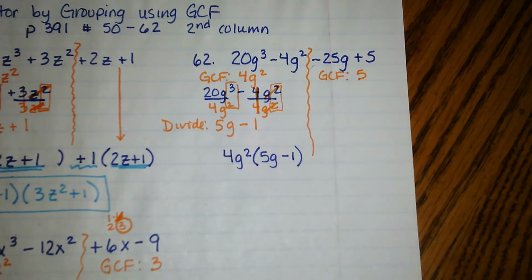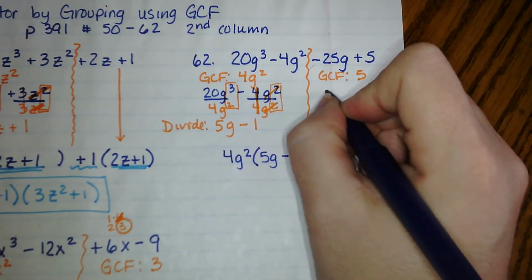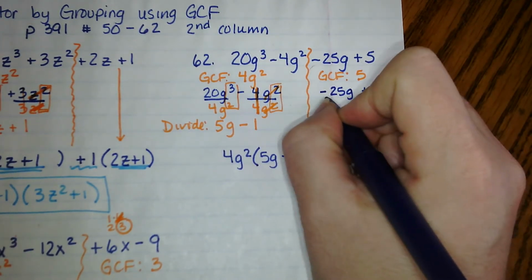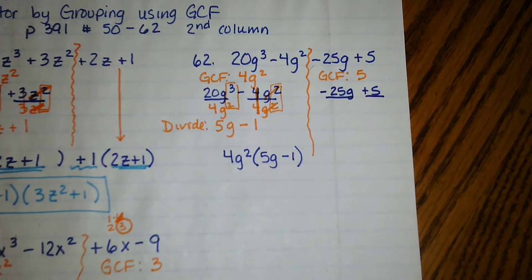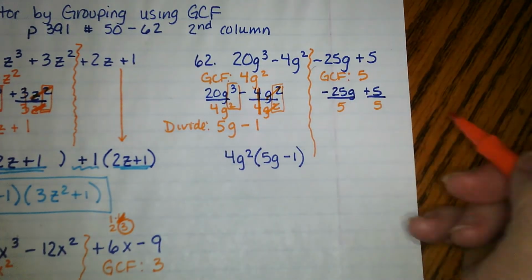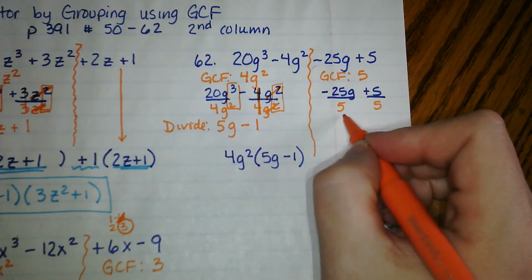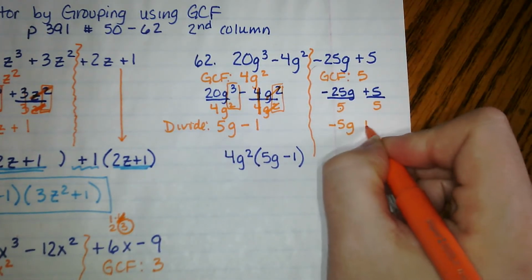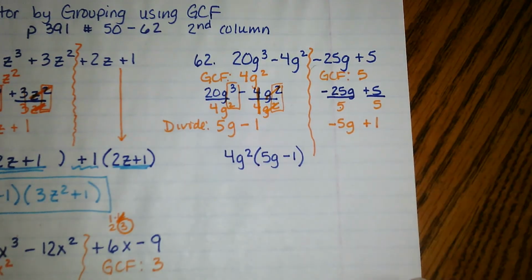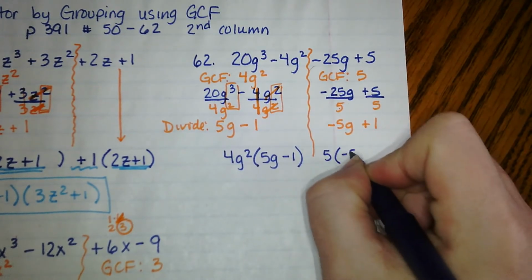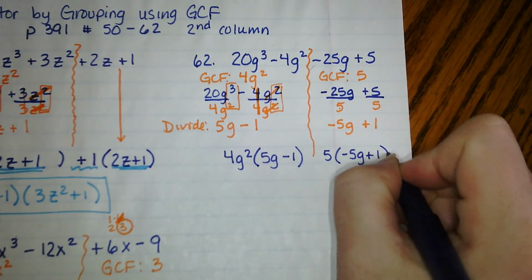And when I divide by 5, I get negative 5g plus 1. So this one is going to have a 5 and a negative 5g plus 1.